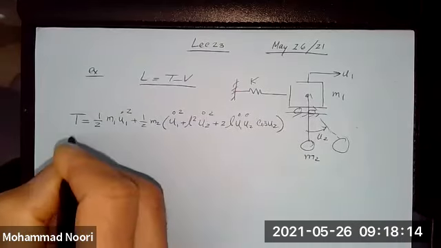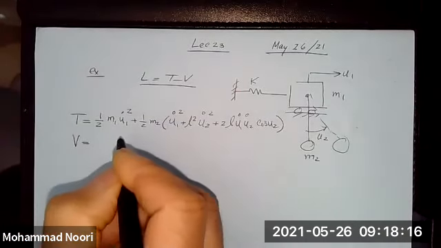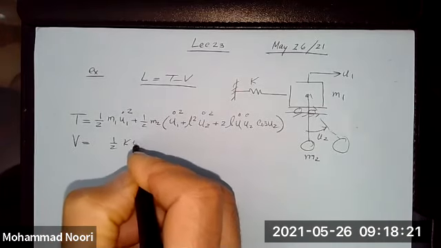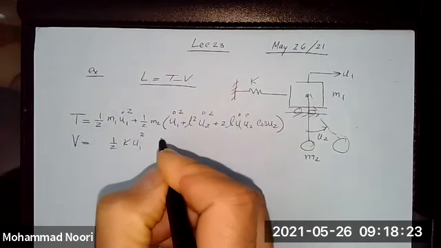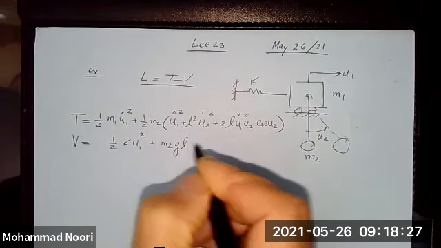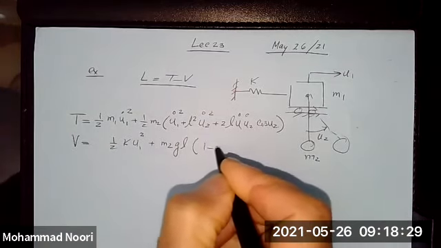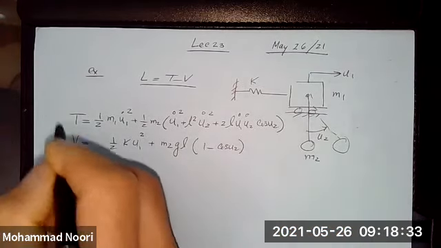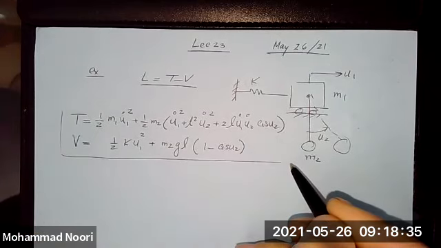This was kinetic energy, and potential energy was 1/2 K u1 squared plus m2 g L times (1 minus cosine u2). So this is kinetic and potential energy.